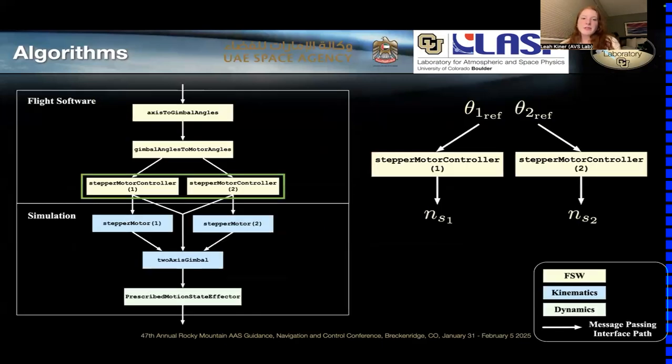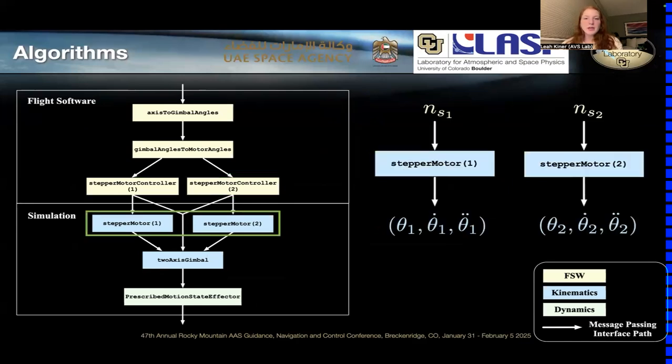Next we have two instances of the stepper motor controller module, where the inputs are those reference motor angles that we obtained, and the output is an integer number of motor steps that drives us as close as we can from the current motor angle, stored in these modules, to that incoming reference motor angle. Then these motor step commands are sent to these blue stepper motor modules. Again, we have one for each stepper motor.